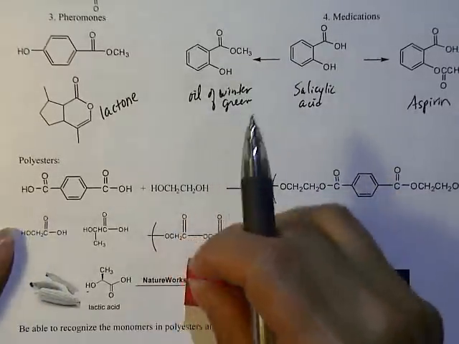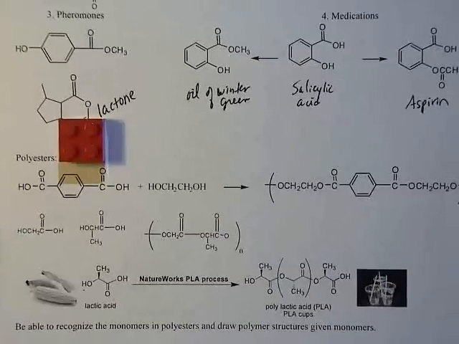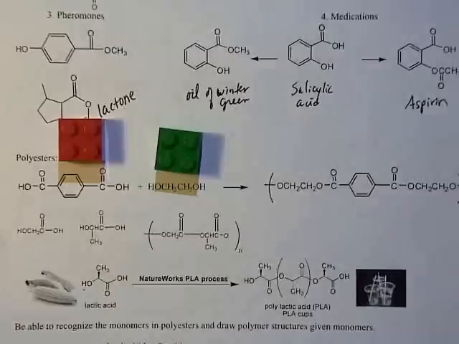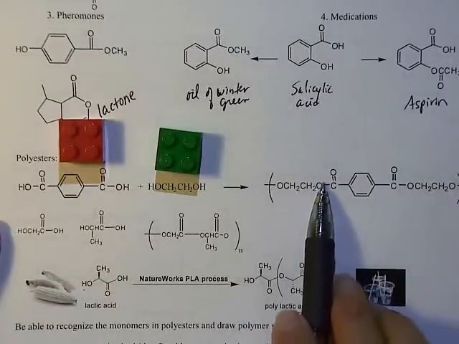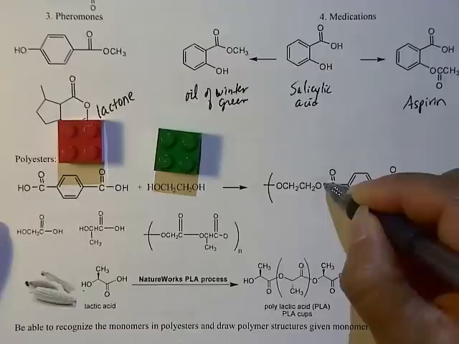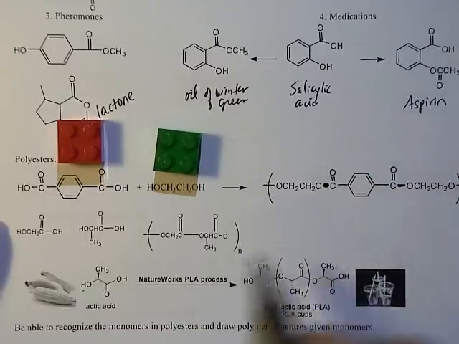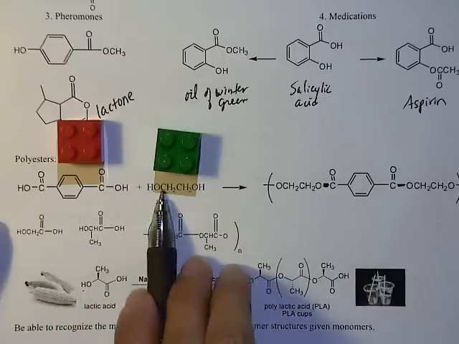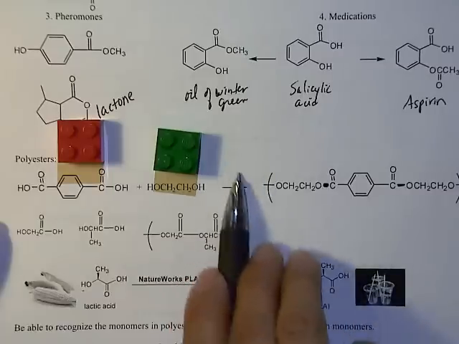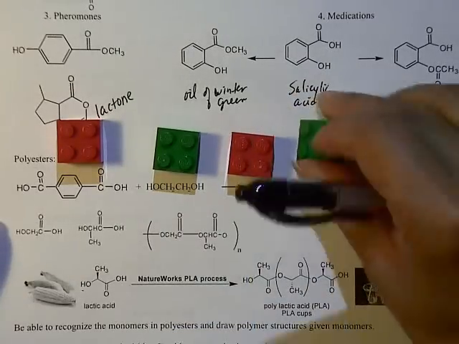Think of each, I'm going to use my son's Lego. Think of this diacid as a red Lego, and this diol as a green Lego. When they come together and form this bond right here, the bonds that are forming are here and here. And it keeps going because they're functionalized on both sides. So you make an ester linkage here, and then you put another acid here, and then another alcohol.